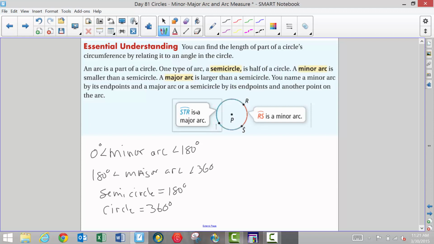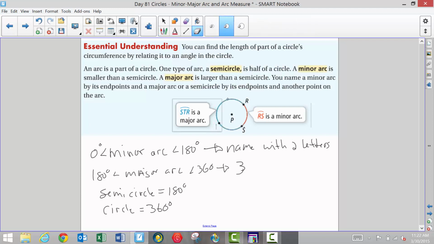In the diagram here, STR is a major arc and RS is a minor arc. Minor arcs are named with 2 letters. Major arcs are named with 3 letters, because the middle letter in a major arc indicates direction.